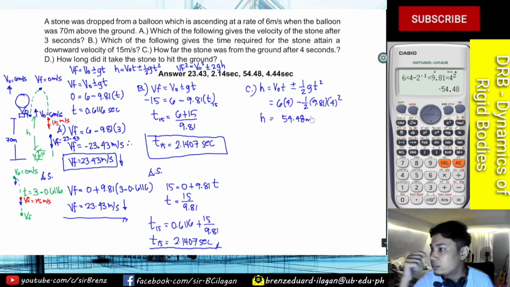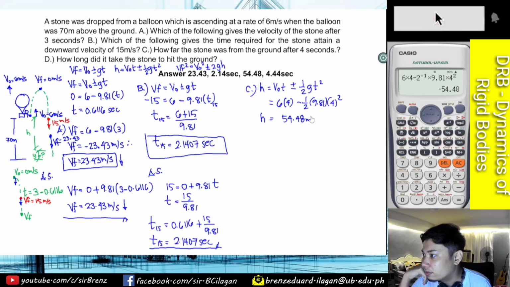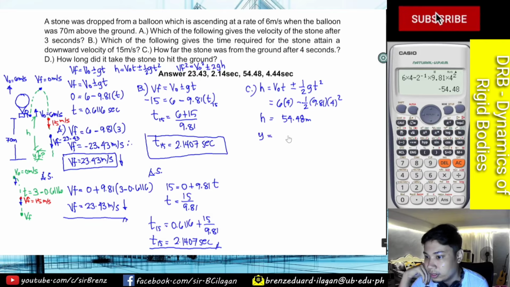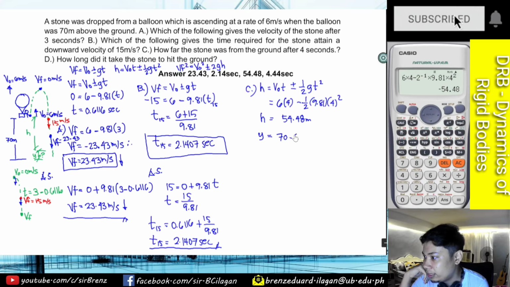So, bakit lumabas yung sagot? How far the stone was from the ground after 4 seconds? So, I think yung tamang sagot dito is, ito yung distance niya away from dun sa balloon eh. So, yung Y, so that is 70 minus 54.48 meters.